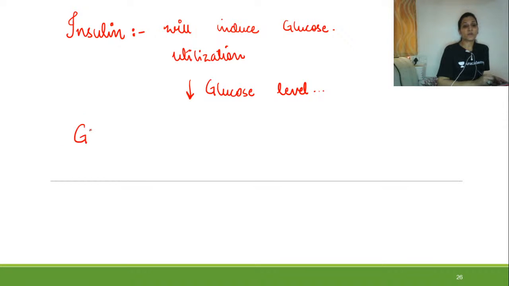Then glucagon: what will be its function? Its function is to favor glucose formation, or improve glucose formation.